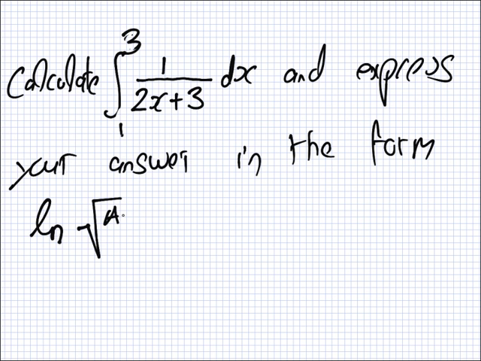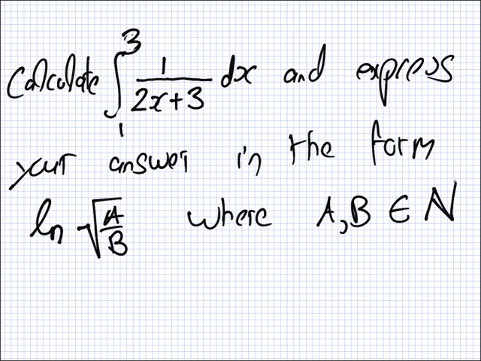Square root A over B, where A and B are natural numbers. Where did x go? Yes, where did x go? If you're putting in numbers, the x is gone. Oh, true.